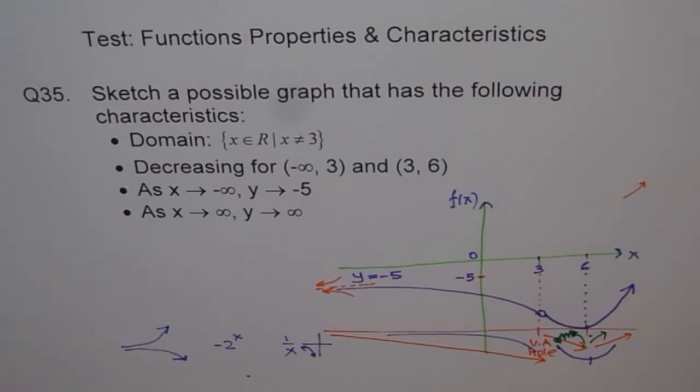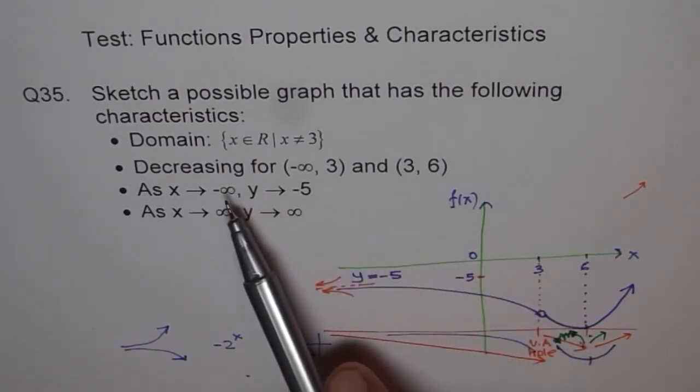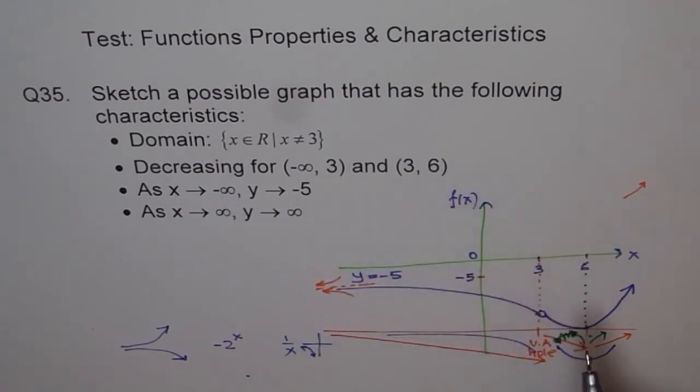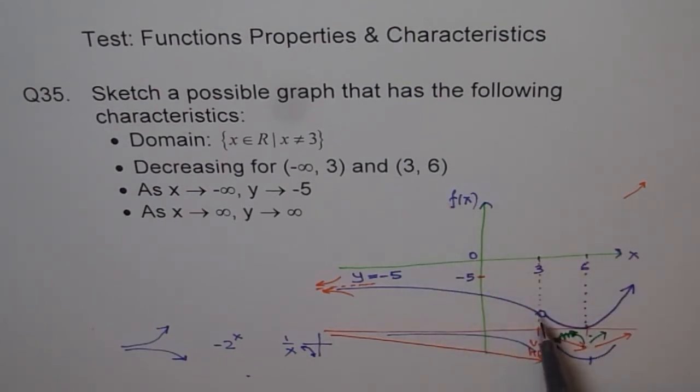Now here, when we say it is decreasing from 3 to 6, there is an option here also. At 6 also we could have had a hole, correct? Because that will also meet our specification. Remember that. I hope you understand the different options which could have been done. So one was when I take 1 over x kind of a thing.